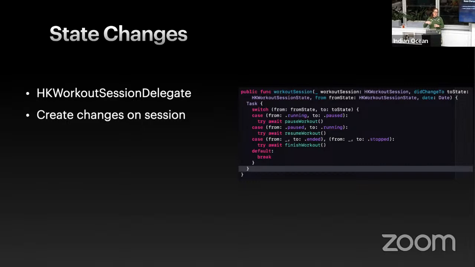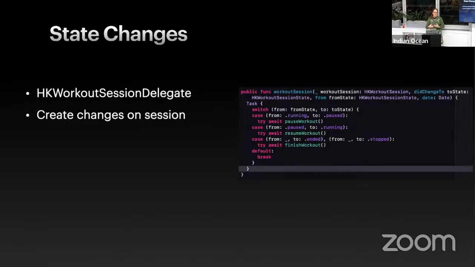How this then gets interpreted on each of the devices. So if you pause on the phone, your watch will get this particular delegate method called. If you pause on the watch, the phone gets this delegate method called, and you can go, is this going from a running to a paused? Okay, stop, pause all of my display and show that it is in a paused state.